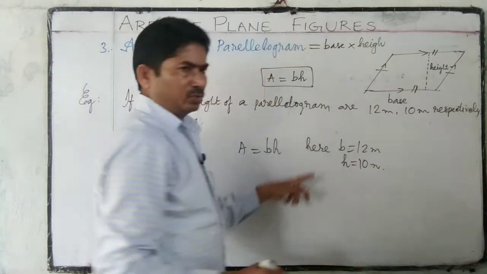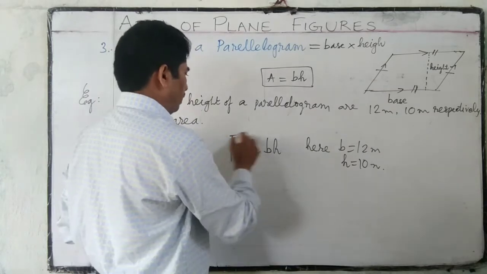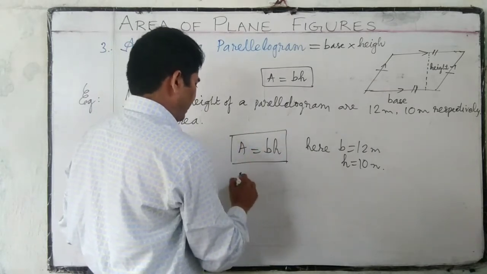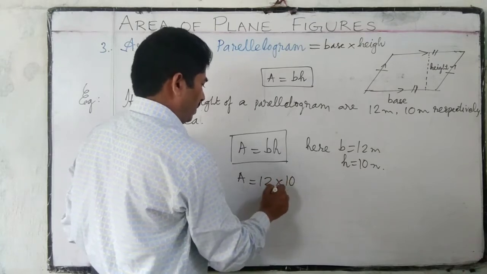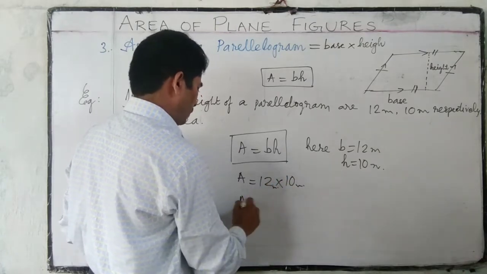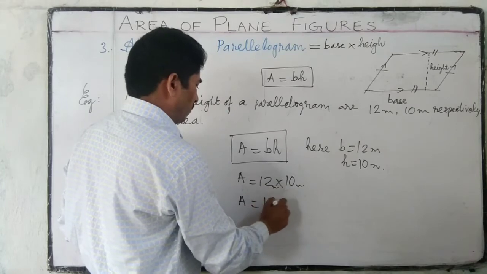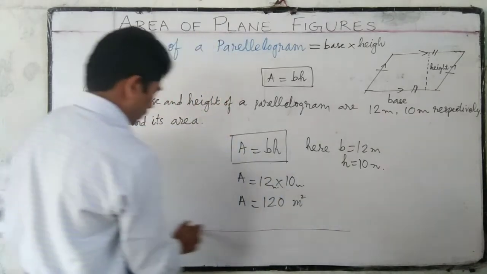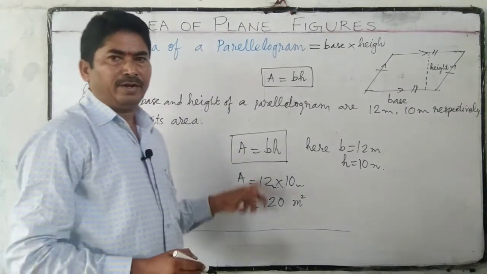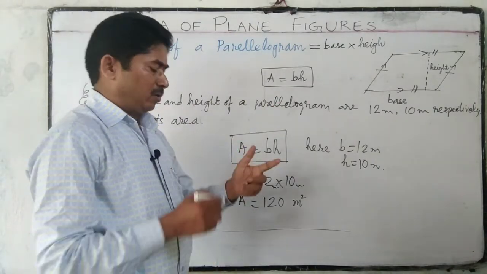We have to substitute these values in this formula. A is equal to 12 into 10, 12 meters, 10 meters, 12 tens are 120 square meters or meter square. So this is the method of finding area of the parallelogram.